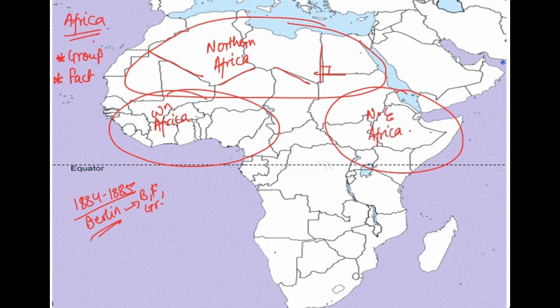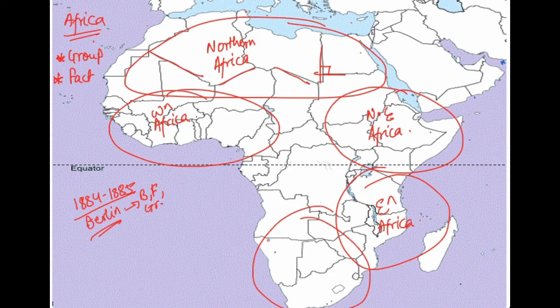To the south of it we have Eastern Africa. Southeast of Eastern Africa, somewhat here, we have Southern Africa. So mind it, it is Southern Africa, not South Africa. North of this, the remaining portion here, we have Central Africa.